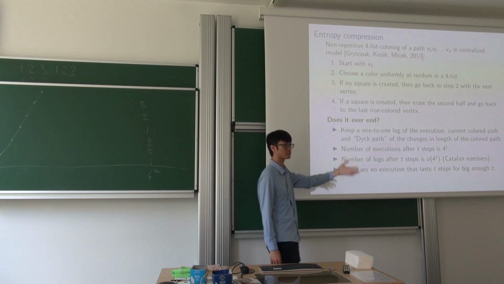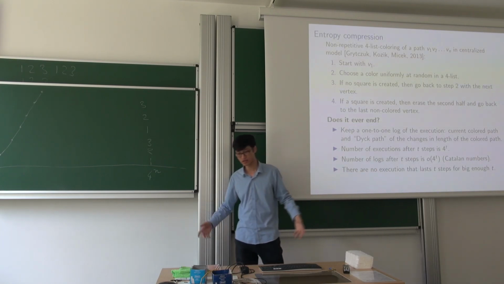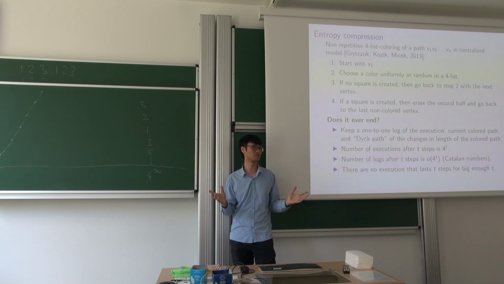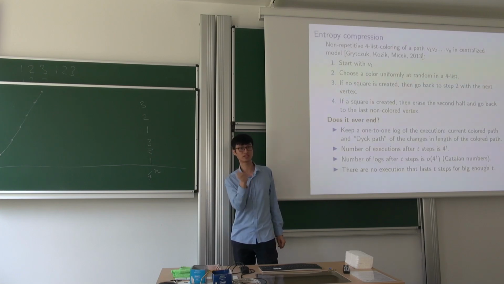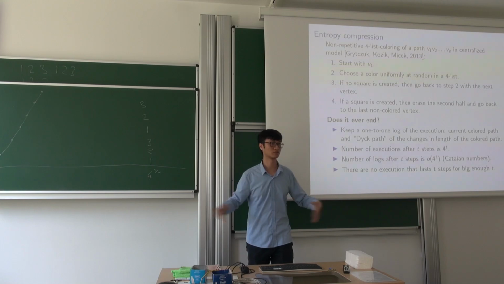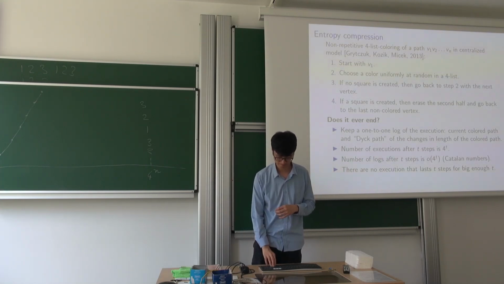It's sort of intuitive in a way, because in algorithmic LLL or classic LLL, you do a lot of things at the same time. So a lot of things can go wrong as well. Here you're just doing things one at a time. You build your coloring sequentially, but the moment something goes wrong, you delete it, and what you get is something good. Whereas doing a lot of things can create a lot of problems.